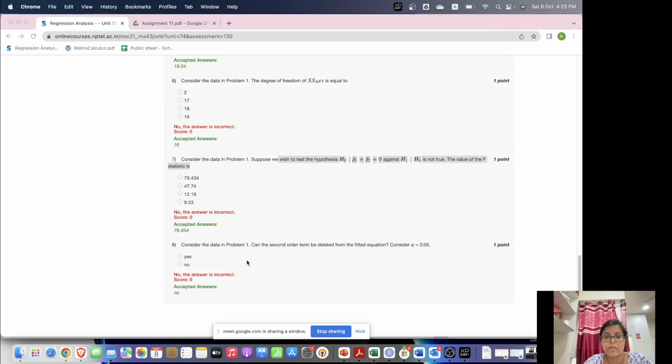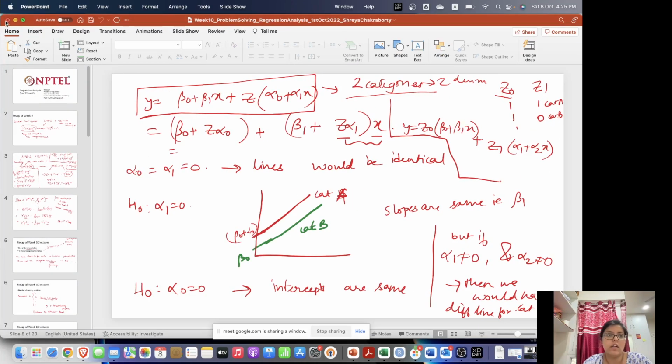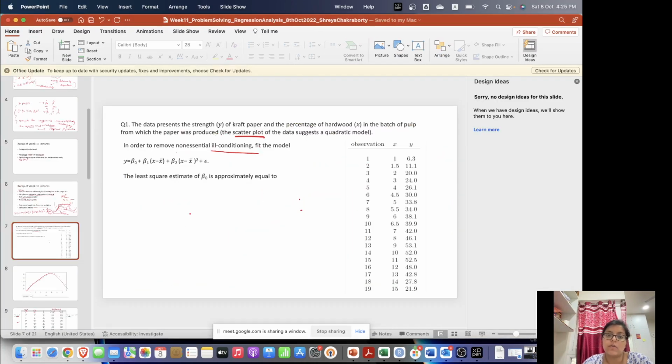Orthogonal approach. Okay, so if we go for the orthogonal approach, what do you think should be the orthogonal polynomial? Both polynomials are mutually orthogonal.